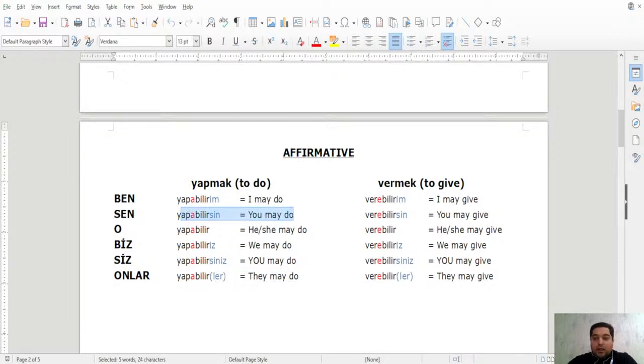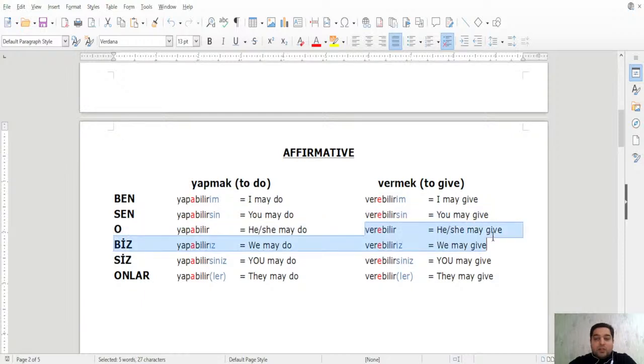Okay. What about vermek? Here it's the same. Now we have a different case, where we add not a but e after the root, because of the soft vowel e as the last vowel in the root of the verb ver. Verebilirim, I may give. Verebilirsin, you may give.